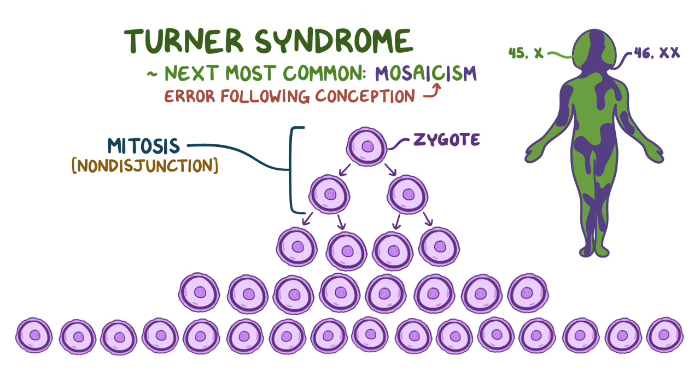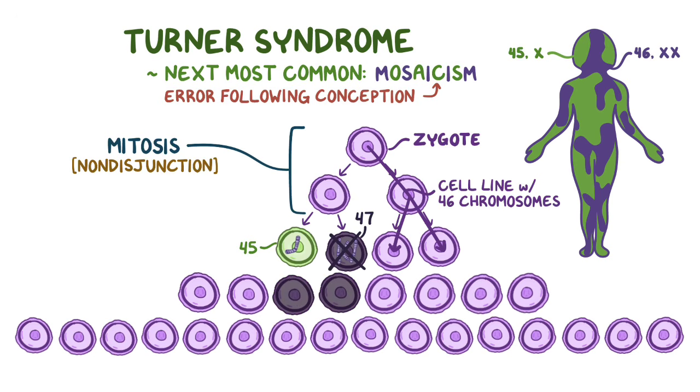Non-disjunction of the sex chromosomes can also happen during any mitosis, in which case you'd end up with one cell line that has 3 sex chromosomes, so 47 in total, and one cell line missing an X chromosome, so 45 chromosomes in total. But if the prior divisions progress normally, there's also one cell line with 46 chromosomes that contributes cells to the developing fetus.